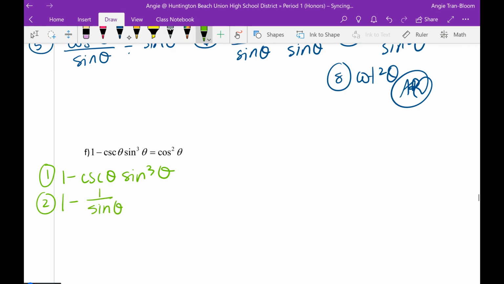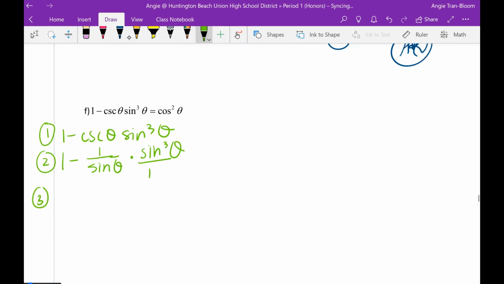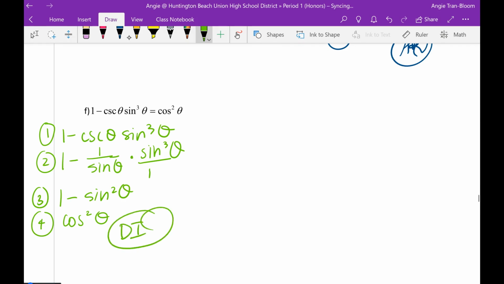Like this? Yeah. Times, and then this maintains like that? Yeah. Okay. Now what? I just canceled out. Okay, so cancel one of it. So 1 minus sine squared. And that turns into cosine squared. Awesome. Perfect. That is done.